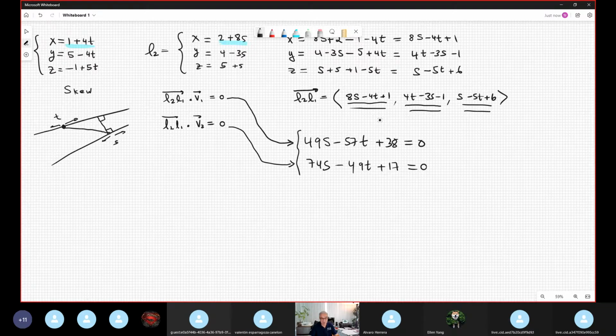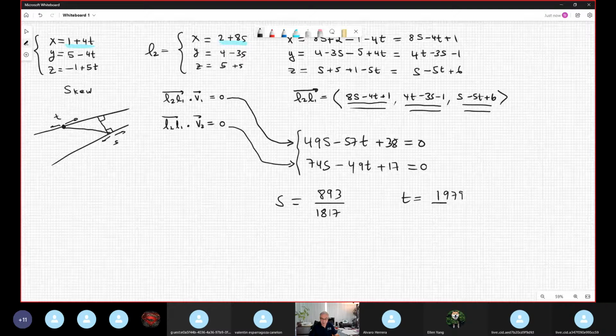Software helps us engineers to solve the problem, and better than us. You get s equal to the weird number 893 divided by 1870, and t is 1979 divided by 1870.